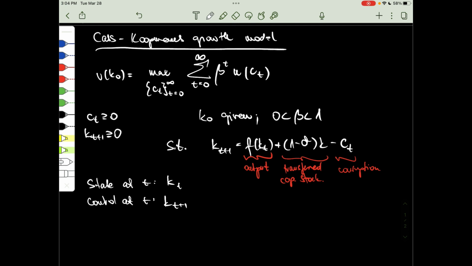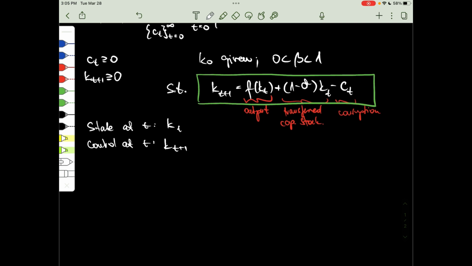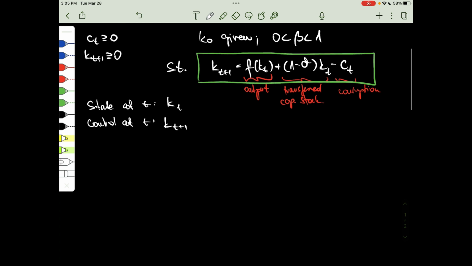But if you have a look at the transition equation, you can easily realize that for any given k, the state variable, current period t consumption and next period's capital stock are uniquely interrelated. So we have only one decision variable in this model. It can be next period's capital stock. It can be current period consumption, but mathematically it is easier to address the problem if we have next period's capital stock as the control variable. So let's do this.